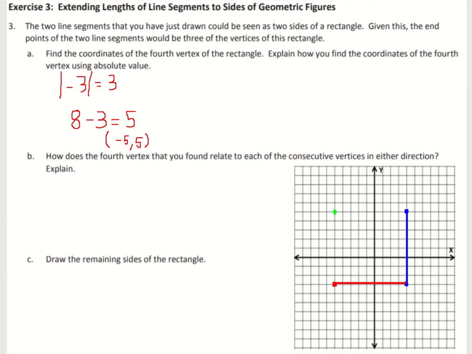Now, over here, while we're doing this horizontal line, we're going to keep the same y value, and we're going to change our x value. Our x value over here is, well, it's 4.